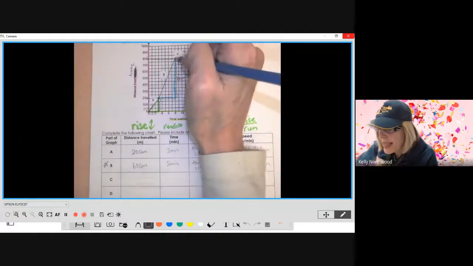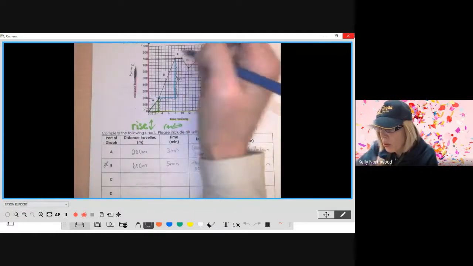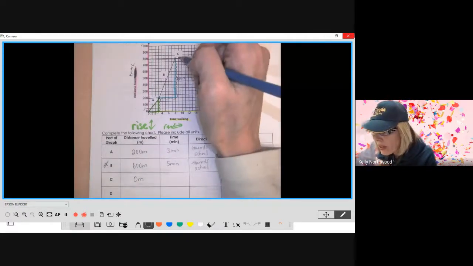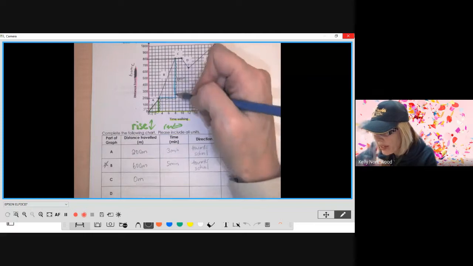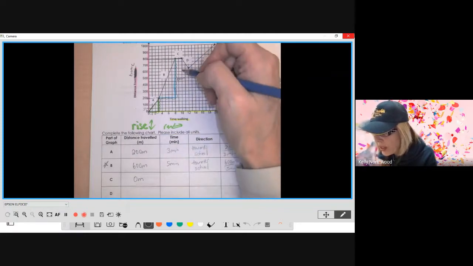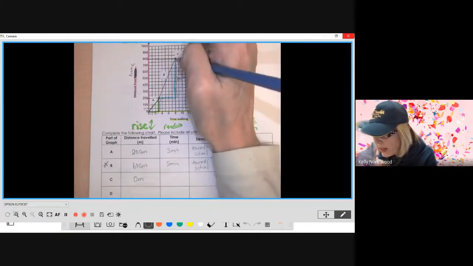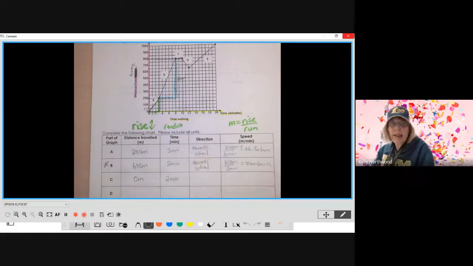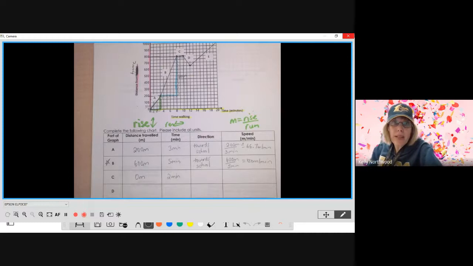Then for part C, it's flat. So there's no rise. So the rise is 0 meters. But the run won't be 0. I still have starting at 8 minutes and then going to 10 minutes. So my run is 2 minutes. So I'm stopped for 2 minutes, maybe at a light or something. I could be stopped at a stoplight for 2 minutes.